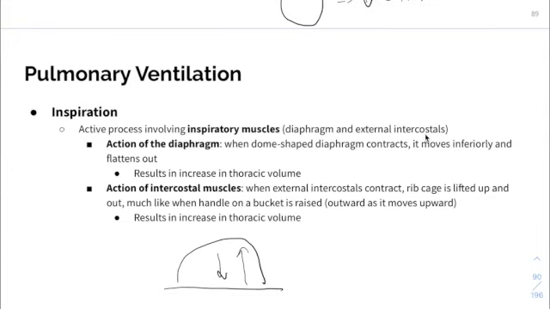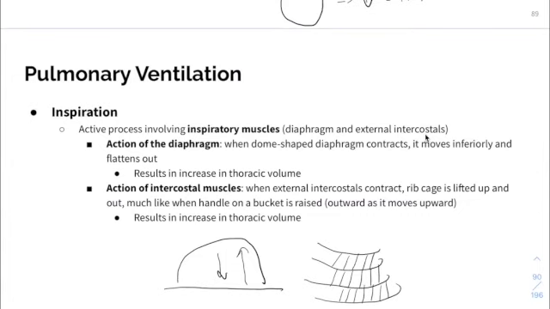Our intercostal muscles: if you think about our rib cage, we have muscles that attach, intercostal, so they're between the ribs. These intercostal muscles contract and lift that rib cage so you can breathe, kind of up and out.